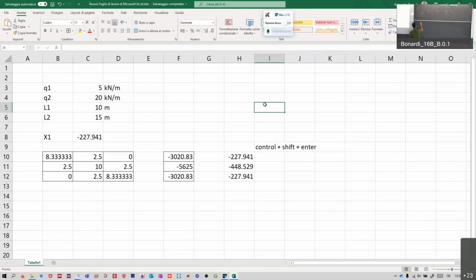Trivial: the sum of all the moments with respect to this node, only of the beam AC, has to be equal to 0. Otherwise, that beam would rotate. The only things that come into play are VA, which is our unknown, Q1, and then X1.